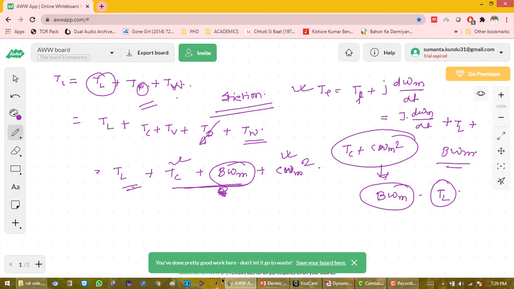Now one thing, there is another torque which is denoted as TE equals KE theta E, which is basically called coupling torque.